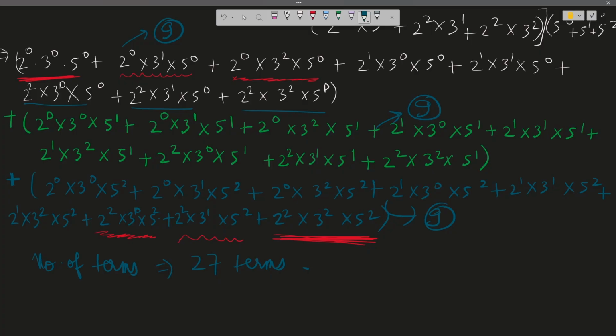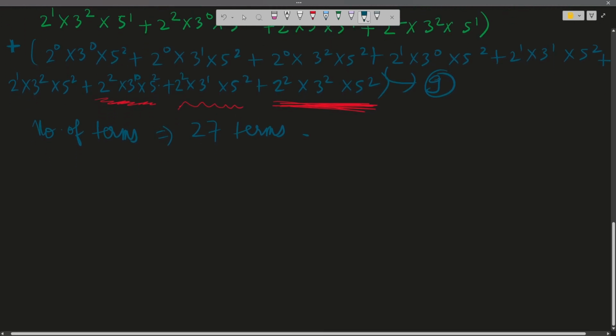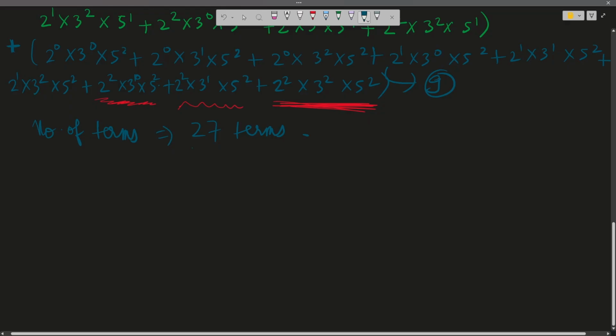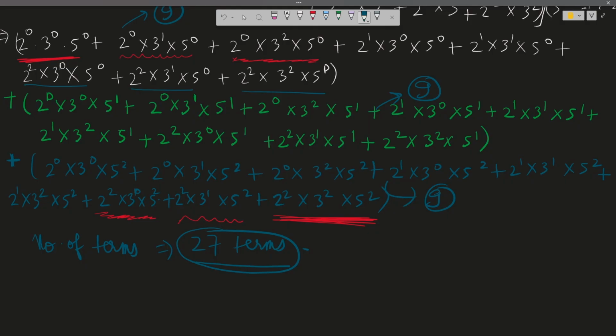So what I can say is that for that value, there are 27 terms, and since 27 is an odd number, there must be one number which is not getting multiplied to any other number.